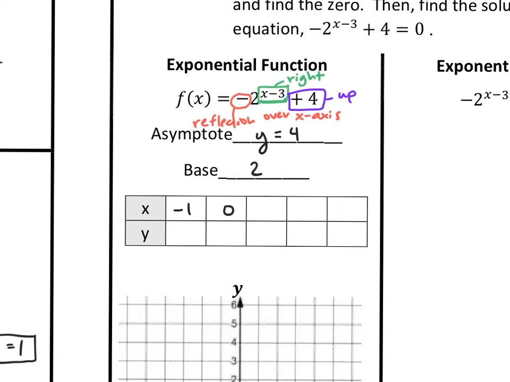I'm going to pick these specific ones, and we're going to keep using these same x values. But then my question is, what would be the corresponding y values? So remember, we're going to be using these, -1, 0, 1, 2, 3. So those are my x's. So my first number is 1/2. My second number was 1, 2, 4, 8. And remember how we got those, right? 2 to the power 0 is 1, 2 to the power 1 is 2, 2 squared is 4, 2 to the third is 8.